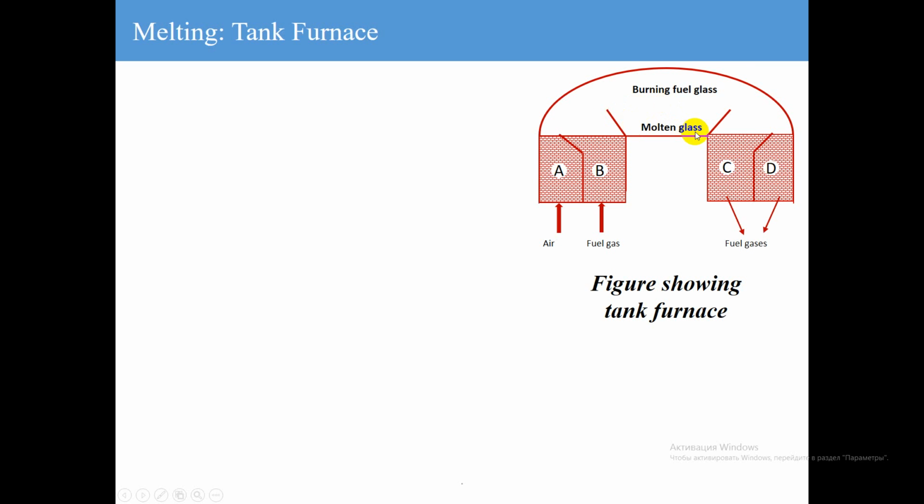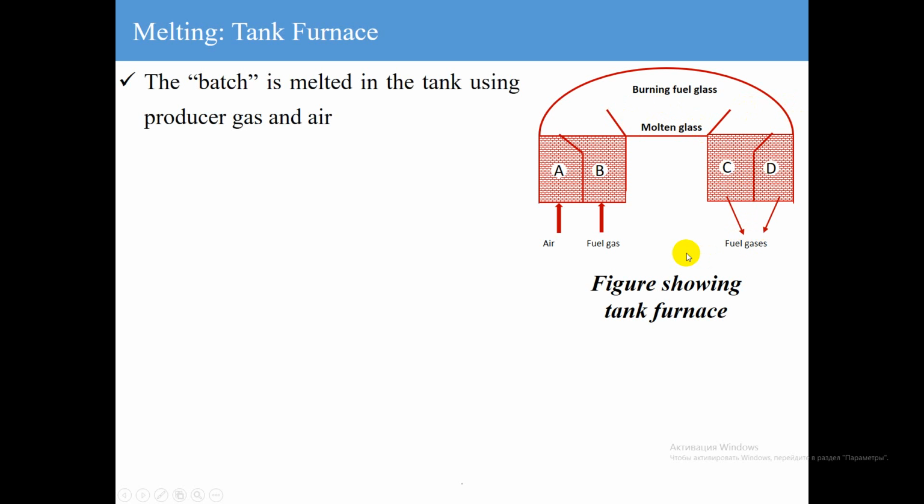Here will be the molten glass, and from this place you can see the fuel gases. The batch is melted in the tank using producer gas and air. It follows a regenerative system of heat economy.